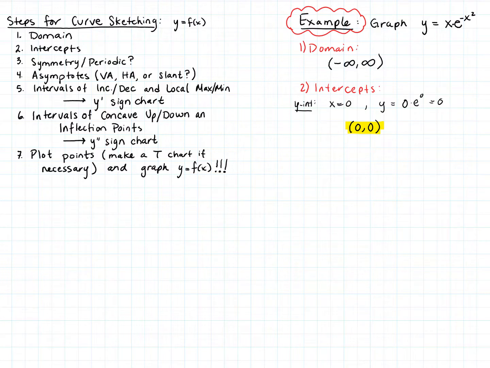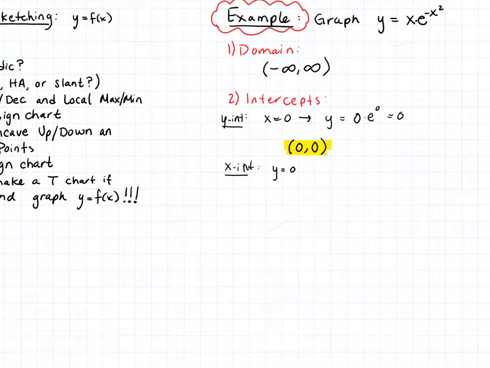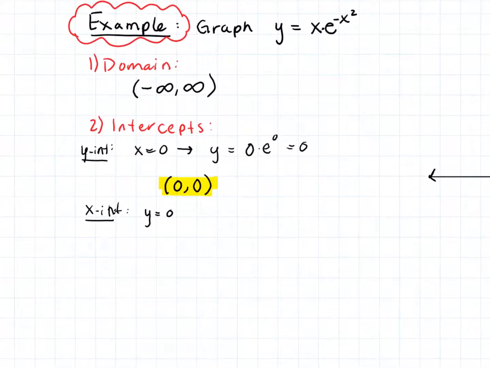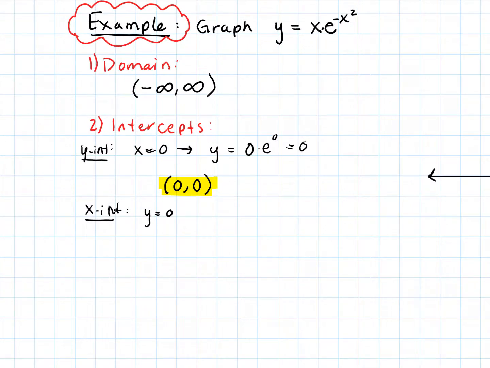And then for the x-intercepts, this is one where it's maybe not going to be that difficult to find. So what would be the x-intercepts when y equals 0? I'm going to zoom in because this is pretty small. For the x-intercept, when y equals 0, 0 equals x times e to the negative x squared.